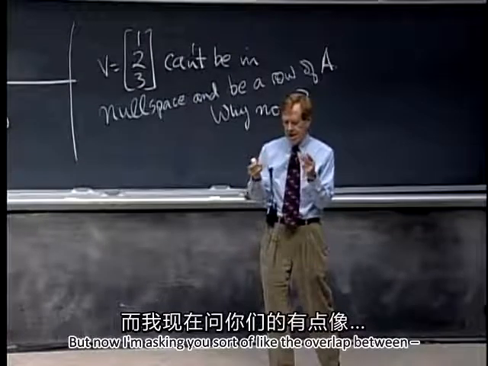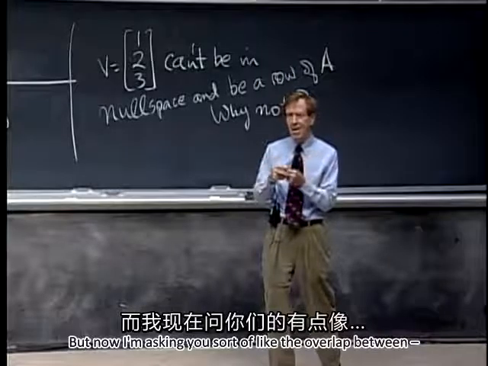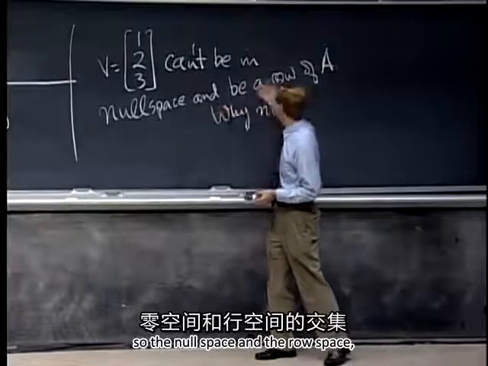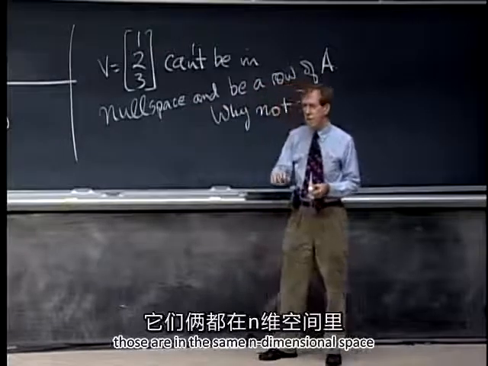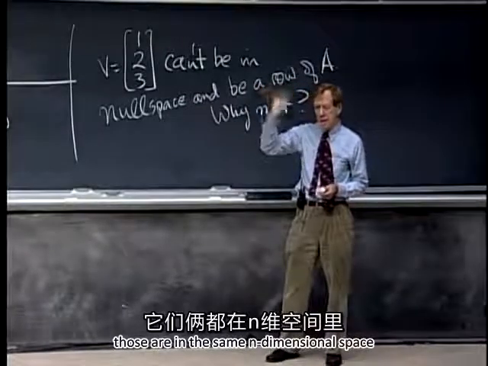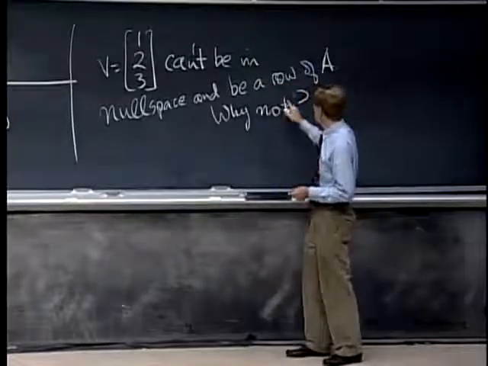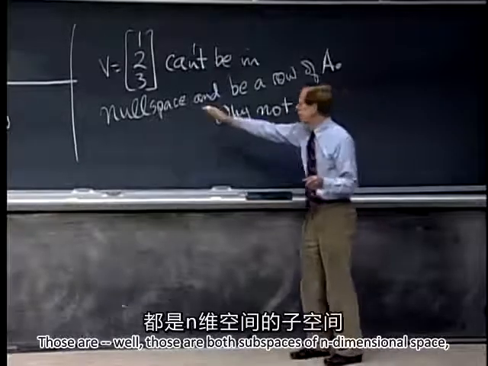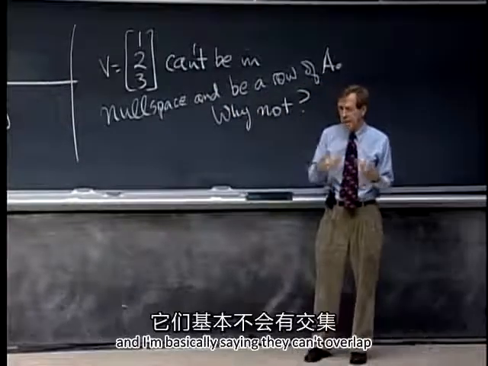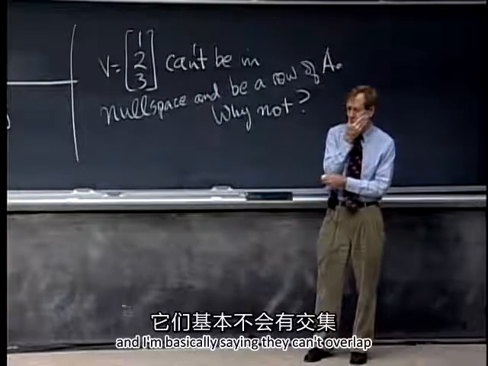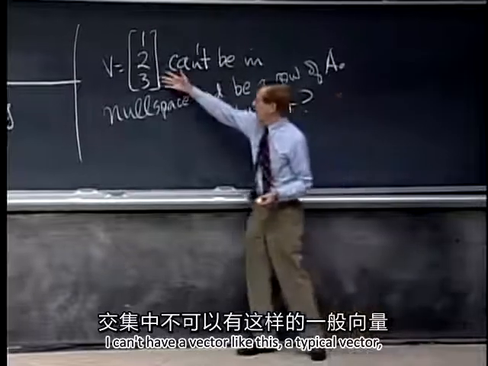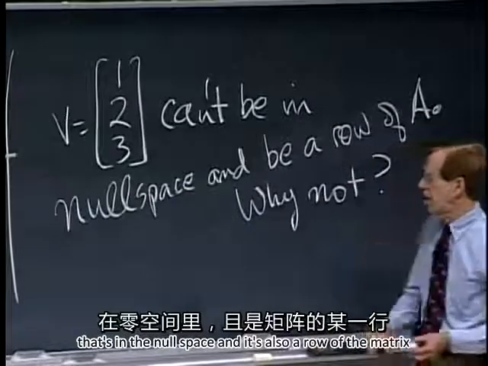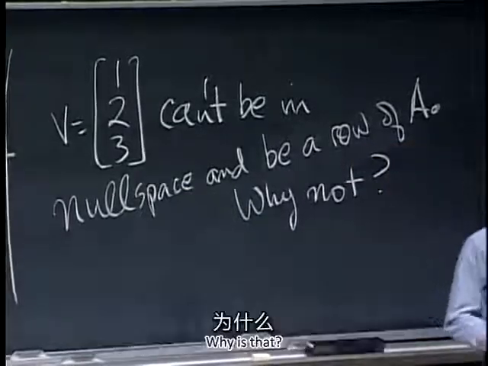But now I'm asking you about the overlap between the null space and the row space. Those are both subspaces of n-dimensional space, and I'm basically saying they can't overlap. I can't have a typical vector that's in the null space and it's also a row of the matrix. Why is that?